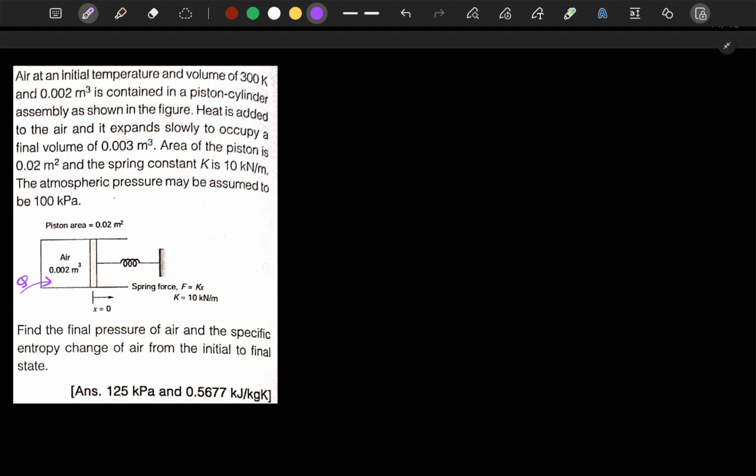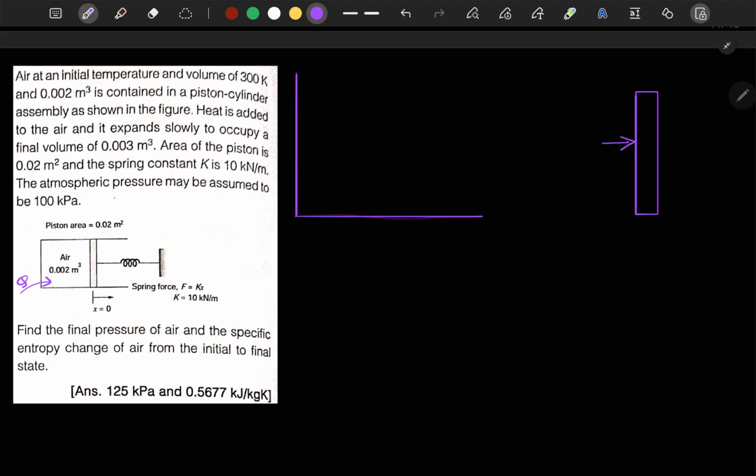Okay, since this is a system, we can create a force balance equation. Let's say this is the piston. Here, for the process, we will draw a PV diagram.